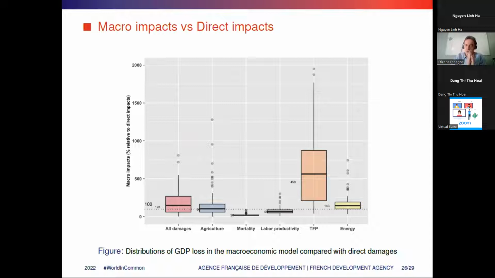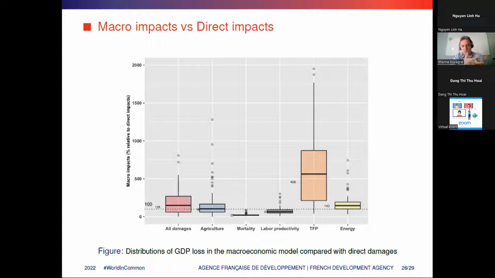So you compare direct damages on agriculture to the macroeconomic impacts when you consider agriculture impacts. And you do the same for mortality, for labor productivity, for TFP, for energy, sector by sector, damage function by damage function. But you can also do this exercise with all the damage functions included at once. And that's the left box that you can see, all damages.